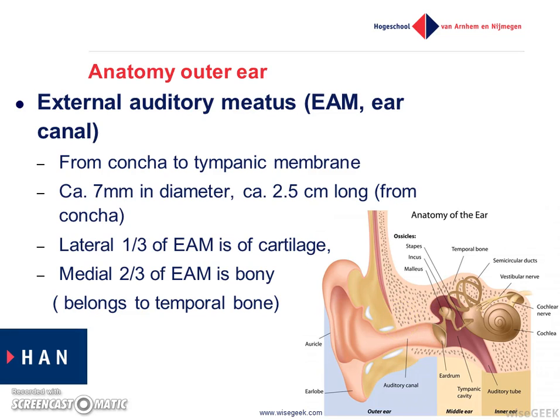The lateral third of the EAM, the part that is built out of cartilage, is also lined with hairs and has cerumen, the earwax, this yellow thing that you have near the ear canal. And together the cerumen and the hairs are very functional because they keep insects outside and also they keep dirt outside to protect the tympanic membrane.